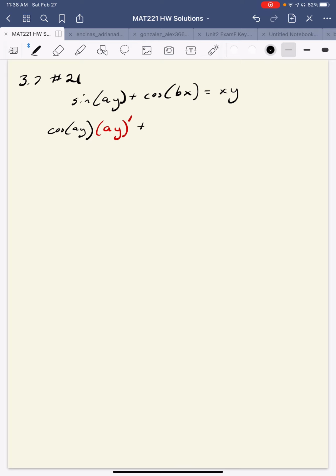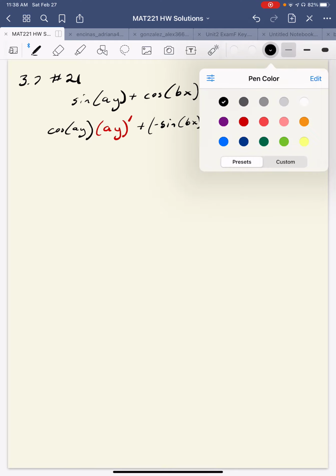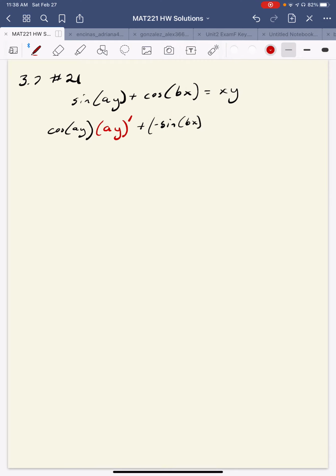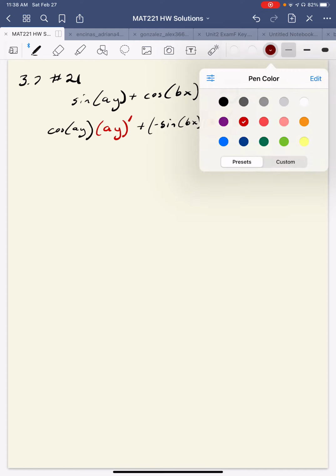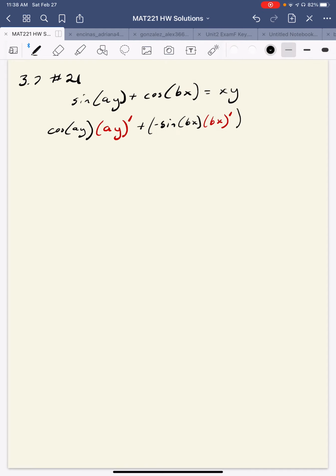And so that gives me a negative sign because the derivative of the cosine is negative sine bx multiplied by the derivative of b times x, okay? I'm just writing out all the little steps so that we're not going to be confused.